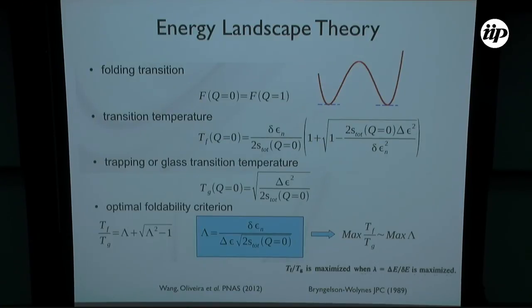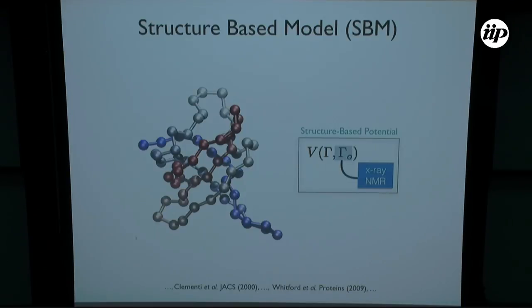With the theory set, we can calculate TF over TG and see if it has some relationship with these quantities that we have seen so much in the theory back in the 80s, 90s, and 2000s, and so on. So we use Paul's code.